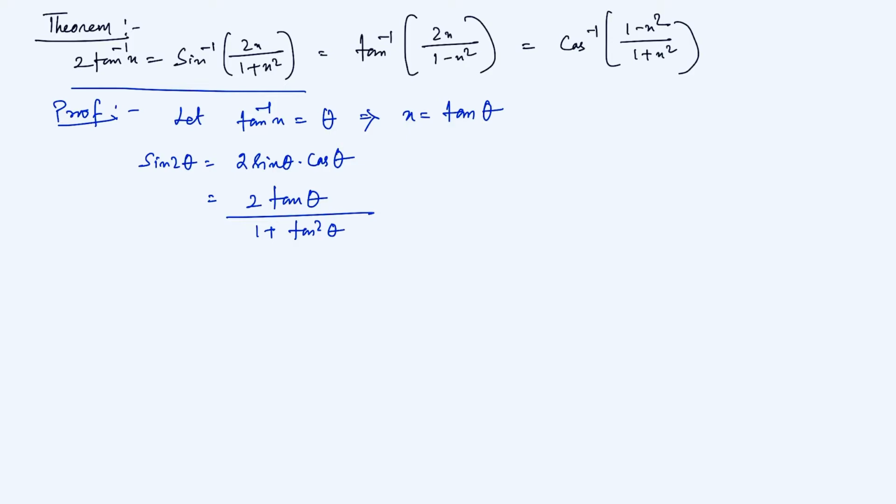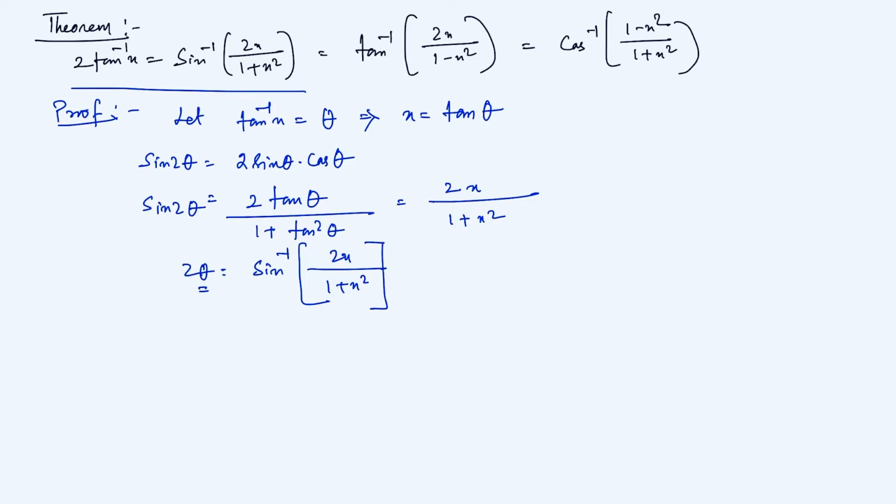Now you see here x is equal to tan theta, so instead of tan theta, we can replace it with x. That will be equal to 2 into x divided by 1 plus x square, which is sine 2 theta. So 2 theta is equal to sine inverse of 2x divided by 1 plus x square. But what is theta exactly here?